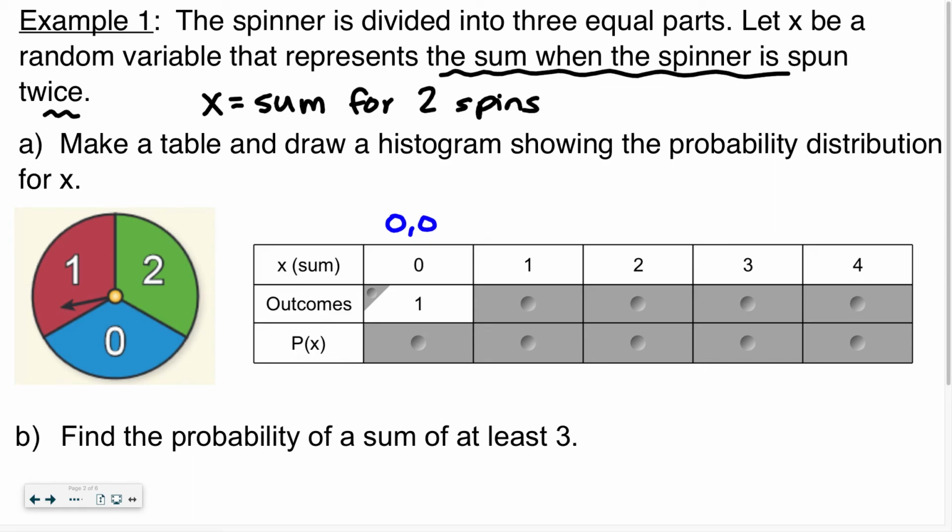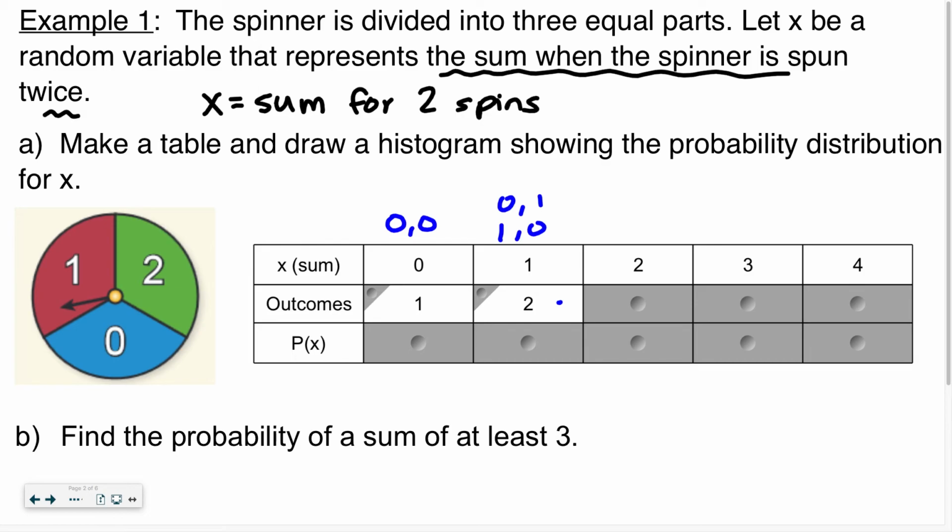How many ways can you spin the spinner twice and get a sum of 1? 2, because I could spin 0 and a 1, 1 and 0. Okay, so there are 2 possible outcomes for spinning a 1.